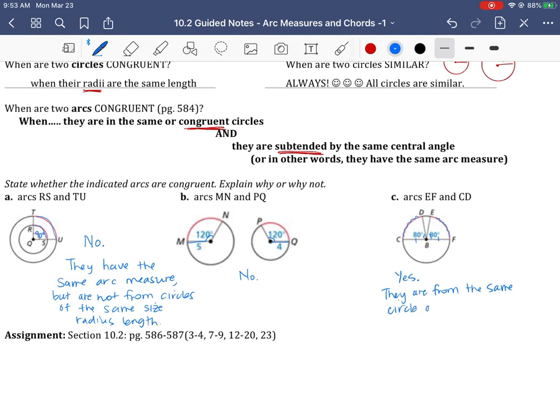That implies that their radius is the same length, and they are subtended by the same central angle measure.